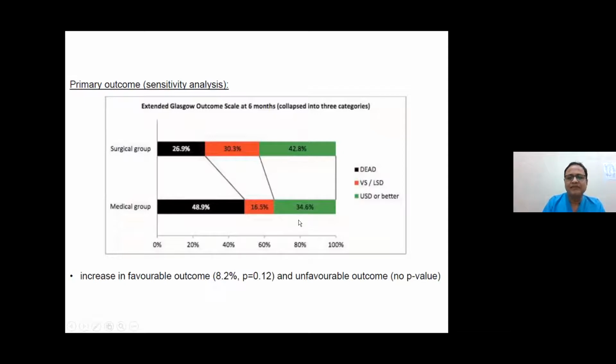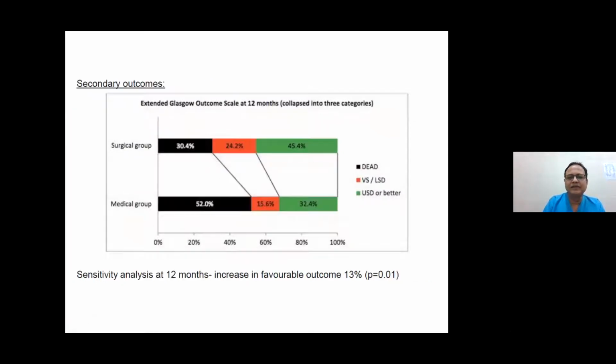But then it was not statistically significant. When they followed up the patients for 1 year, the patients who were independent increased from 32 to 45%, patients who were vegetative from 15 to 24%, and mortality reduced from 50 to 30%, and this was statistically significant.